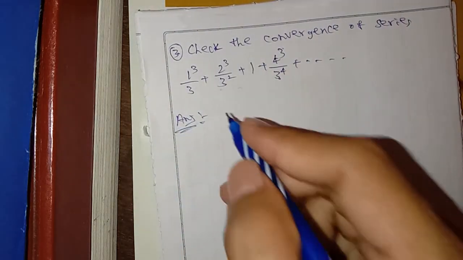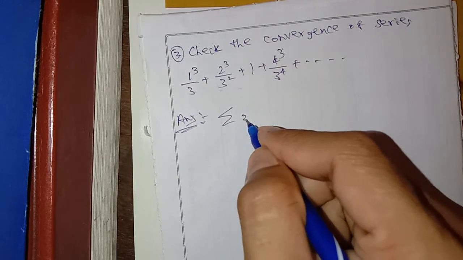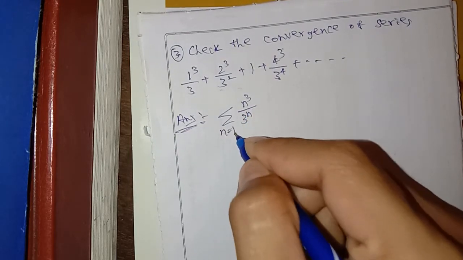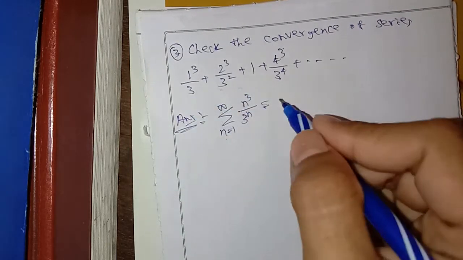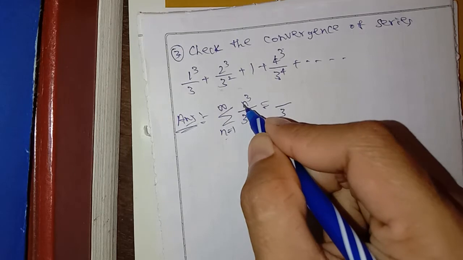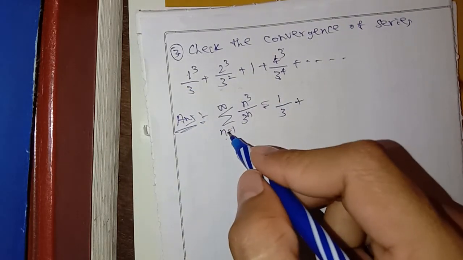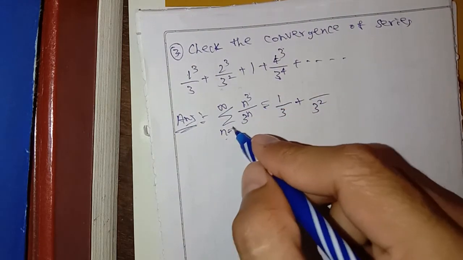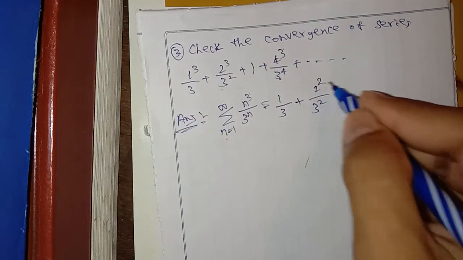Can we write it in the form of the series of n cube divided by 3 raised to n, from n equal to 1 to infinity? At n equal to 1 we get 1 cube by 3. At n equal to 2, 2 cube by 3 square.